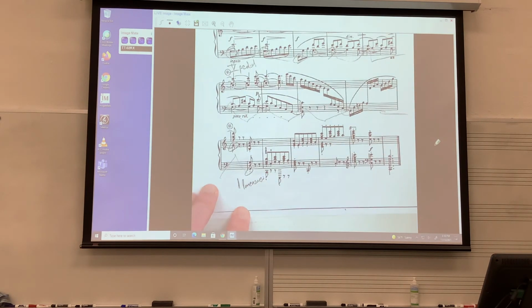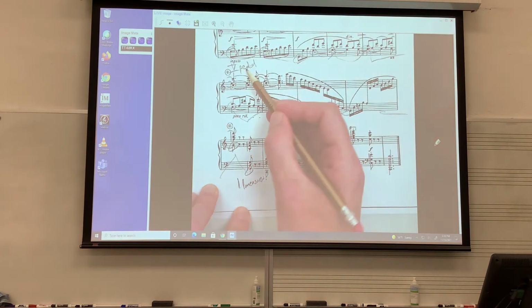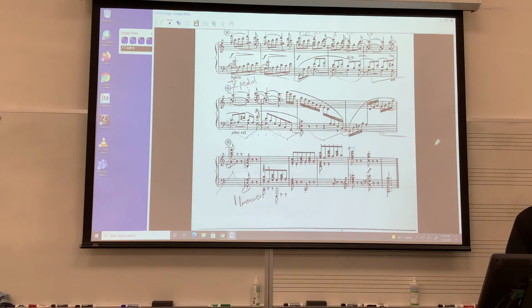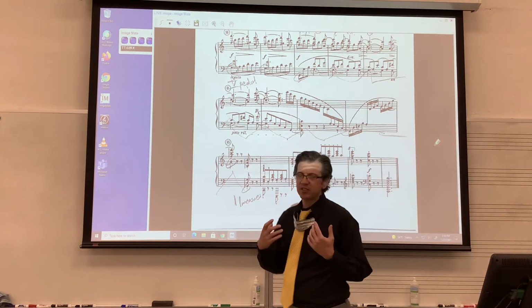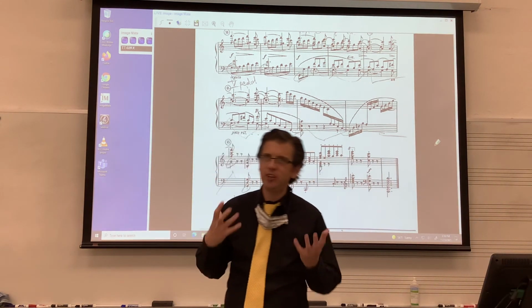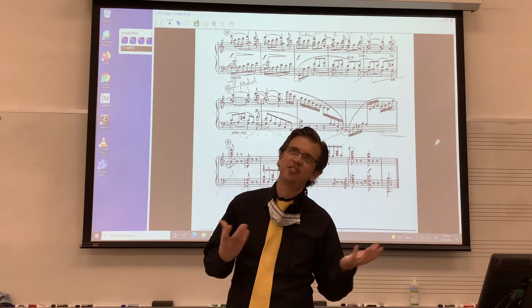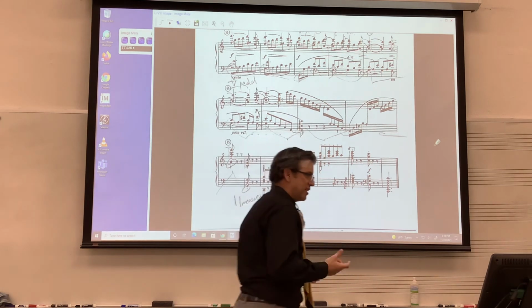We have 11 measures of a 5 pedal. And that's a long time to hold a G. But I think Brahms really wants us to be waiting and hoping that that G is finally going to resolve to C.